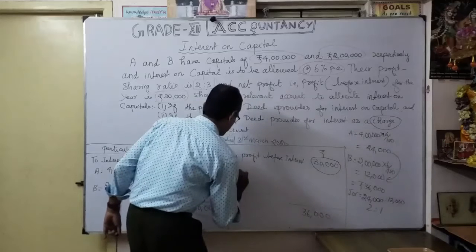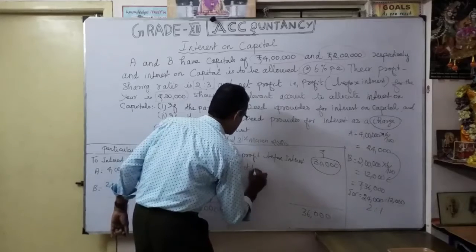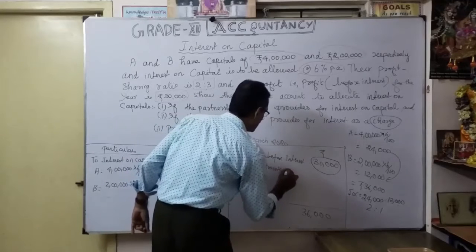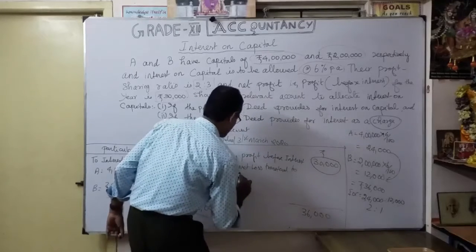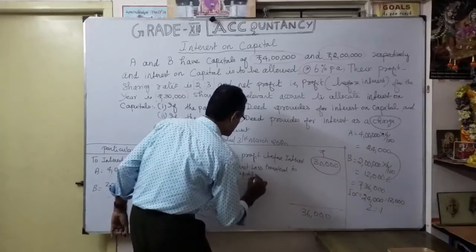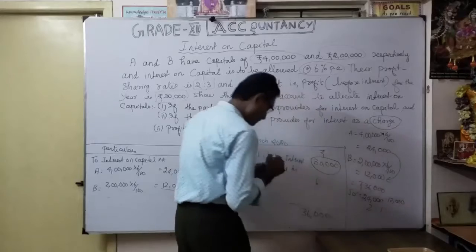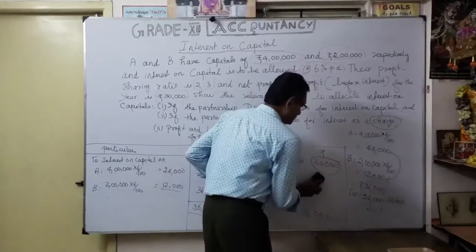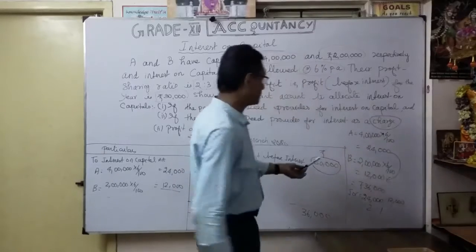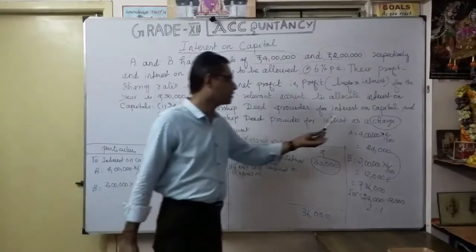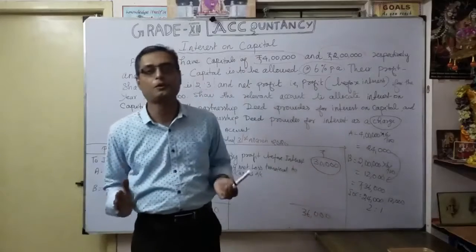By net loss transferred to capital account, 6,000. Because the profit is only 30,000, the interest on capital comes to 36,000, since interest is a charge against profit.